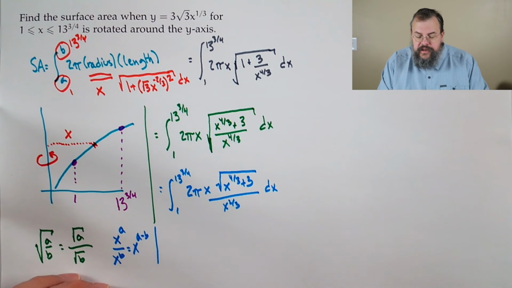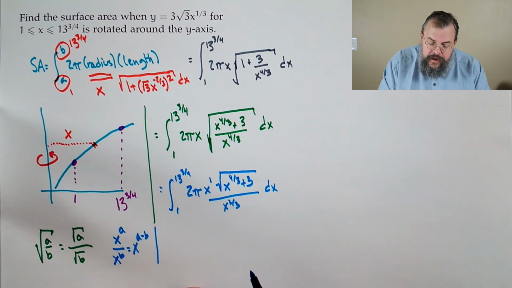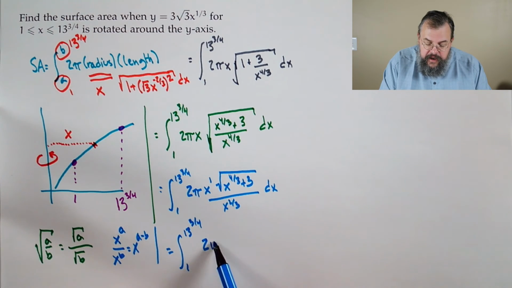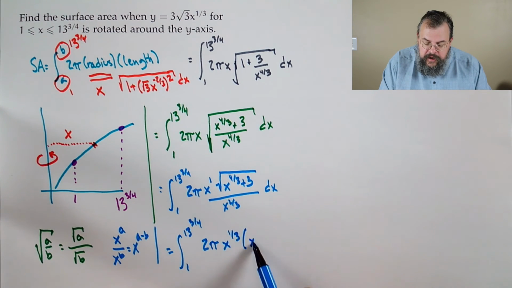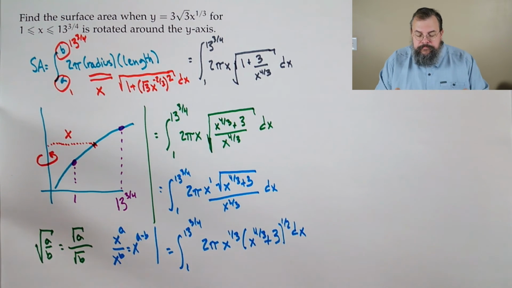So this is really x to the 1, and with 2/3 we get x to the 1/3. Then we have the integral from 1 to 13 to the 3/4 of 2 pi x to the 1/3, and let's write the square root in a more calculus-friendly way: x to the 4/3 plus 3, to the 1/2, dx.